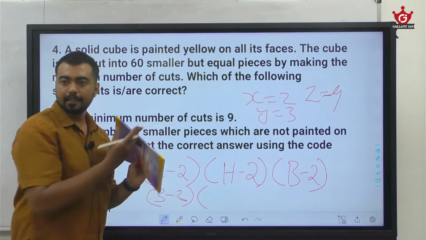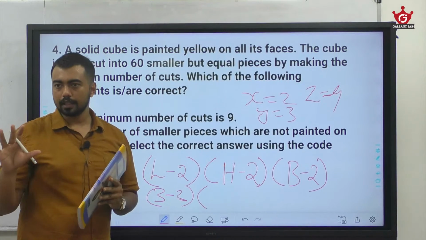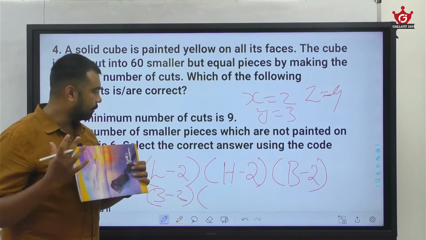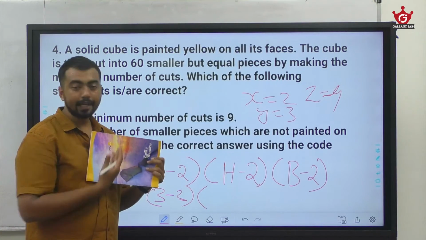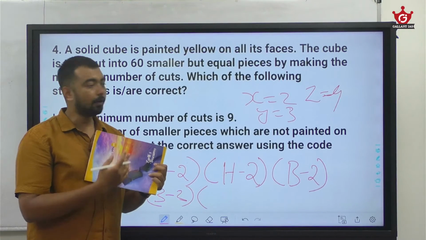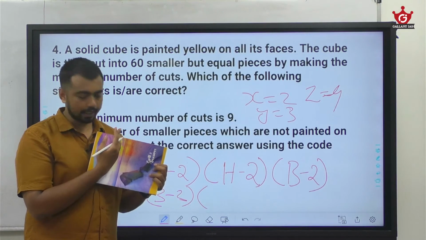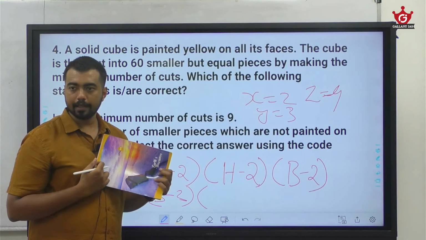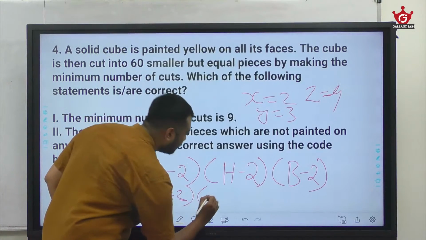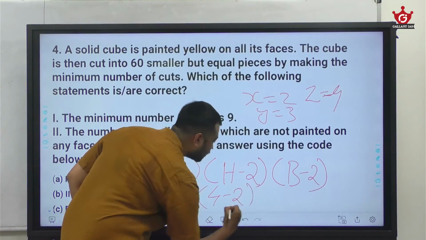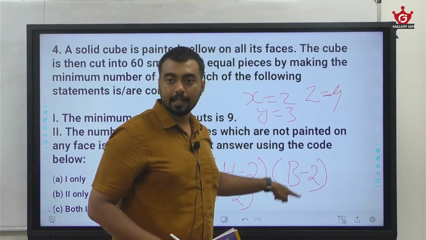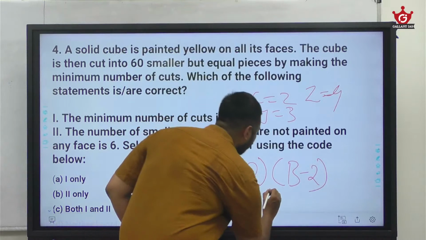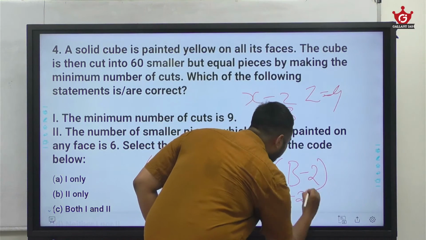Look, I am making 3 cuts here. Do you have a doubt? So imagine I am making Y number of cuts here. What is Y here? 3. If I am making 3 cuts here, what is the number of pieces there will be? 4. So this will be 4 minus 2. And here I am making Z number of cuts. How many pieces will be here? 5. So that will be 5 minus 2.